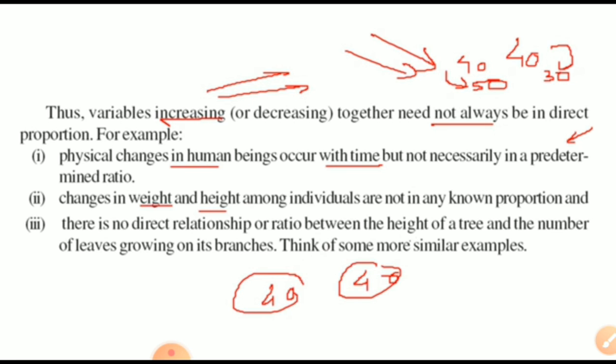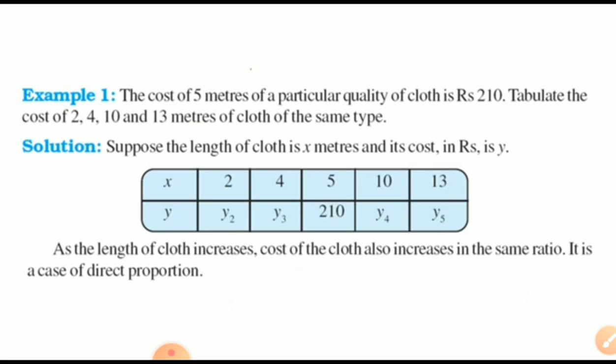That's why we say this is not direct proportion or inverse proportion. The things which change according to the quantity, either increasing then increasing, decreasing then decreasing, that's direct, otherwise inverse proportion.